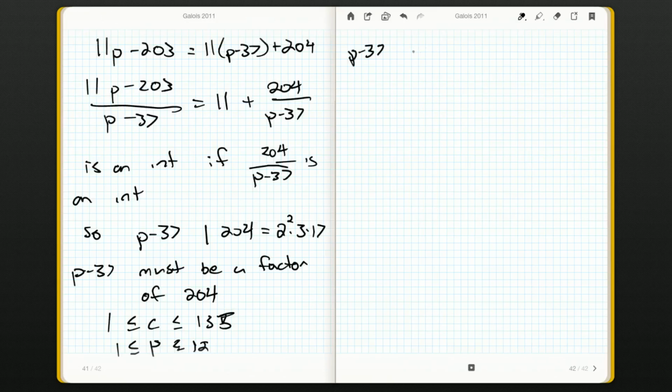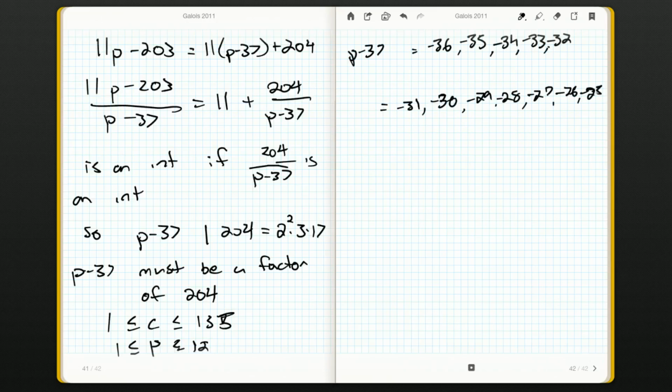So p minus 37 could be negative 36, negative 35, negative 34, negative 33, negative 32, and so on. Negative 31, negative 30, negative 29, negative 28, and we're going to have to stop in a moment, negative 27, negative 26, and negative 25.